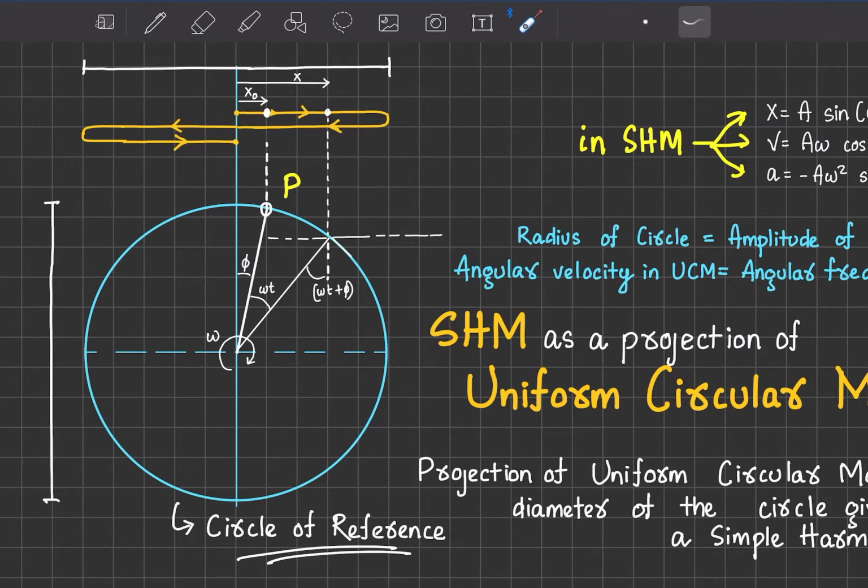From the mean position right here, let's say the initial angular position of the point P was some angle phi. We don't know what that phi is. After time t it has moved another omega t angle, and currently it is here.